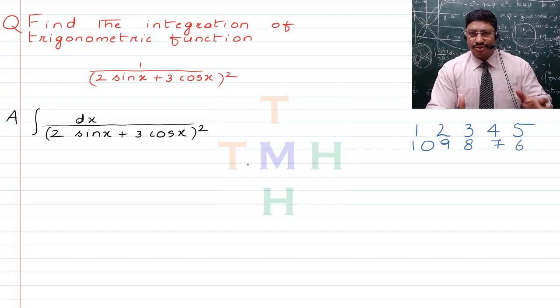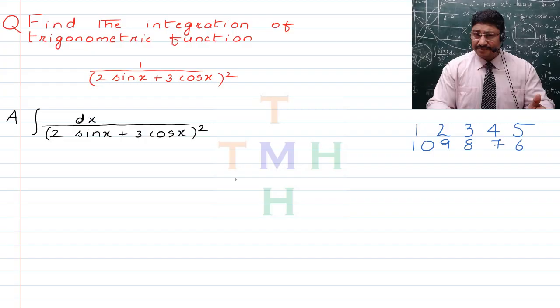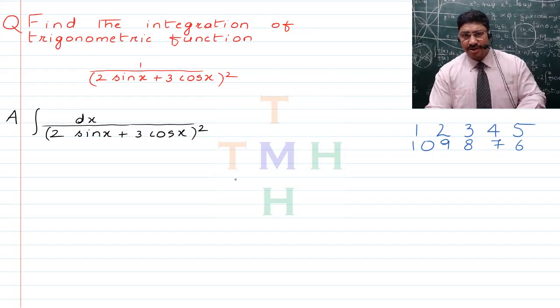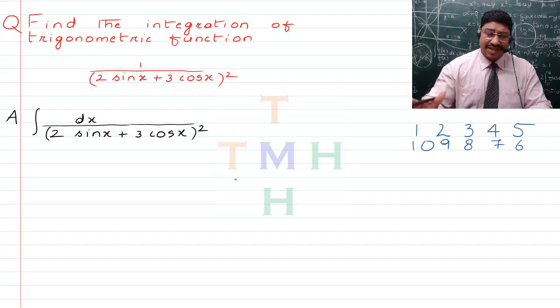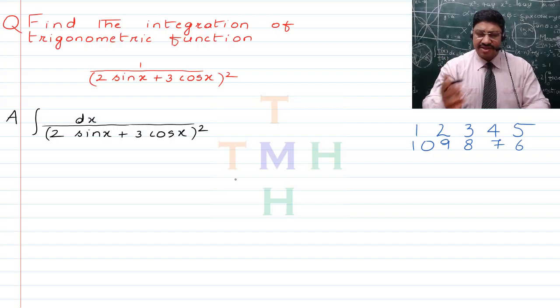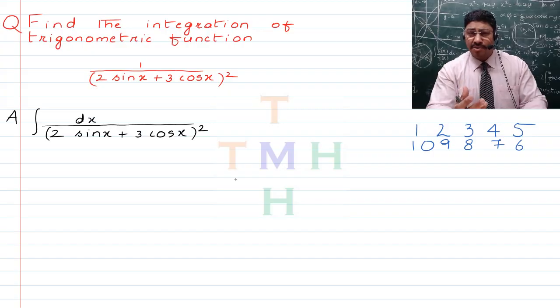You can be in a better situation if you have a binomial. That means best will be a monomial, next best will be binomial, next best will be trinomial, and you always have to try to get it to a monomial and finally vanish it so that everything can be brought to the numerator, or you can write this in the form of a formula and then you are able to integrate it.